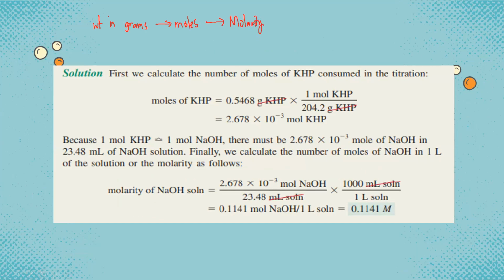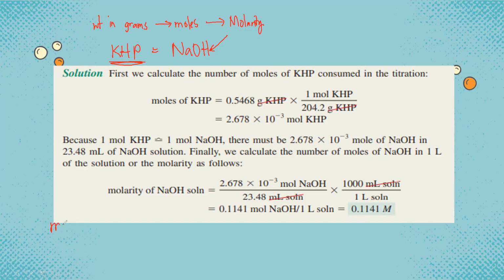So, in this case, kapag titration kasi ang ginagawa, class, nagiging equal yung amount ni potassium hydrogen phthalate and ni NaOH. So again, magiging equivalent sila. Kaya kahit na ang hinahanap natin is ang molarity ni sodium hydroxide, we can still use the amount of potassium hydrogen phthalate.